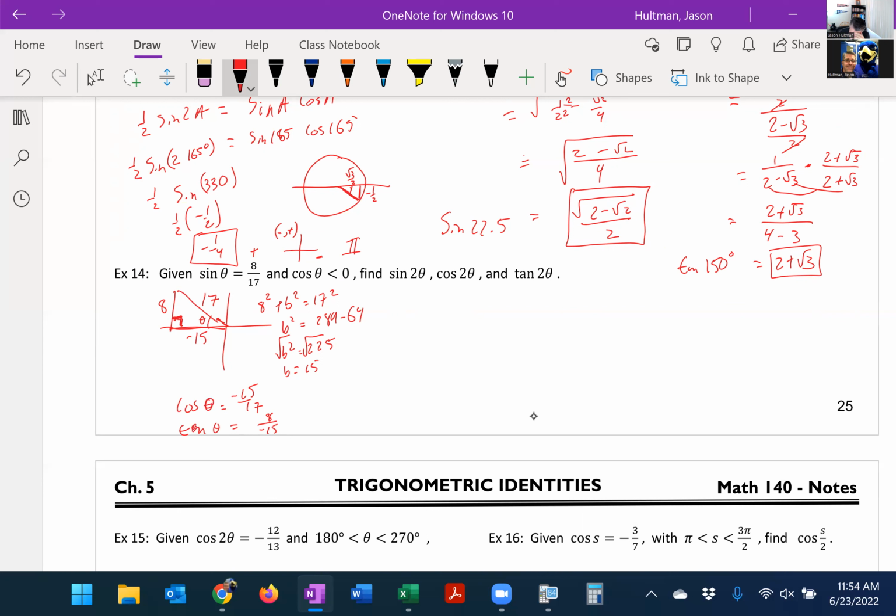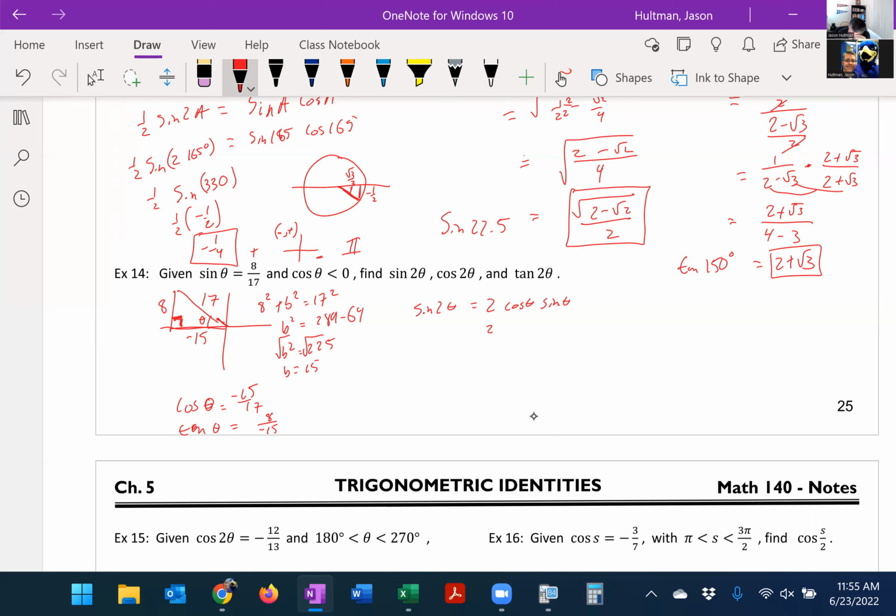Now we're set to find out what sine 2 theta is. Sine 2 theta is equal to 2 cosine theta sine theta, or 2 sine theta cosine theta, however you want to write it.